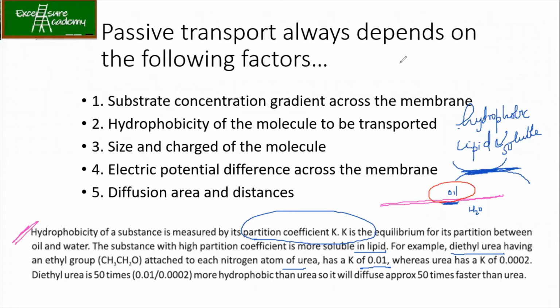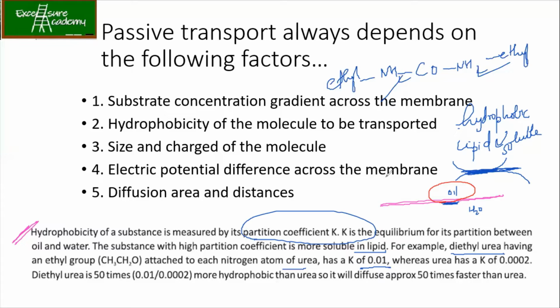The structure of urea, anyone? CO, यहाँ पे NH2 आ जाएगा और यहाँ पे NH2 आ जाएगा, ठीक है। अगर मुझे डाईइथाइल यूरिया करना है तो यहाँ पे एक H हटा के इथाइल ग्रुप आ जाएगा, ठीक है। यहाँ पे एक H हटा के इथाइल ग्रुप आ जाएगा, ओके। Now look at it over here.